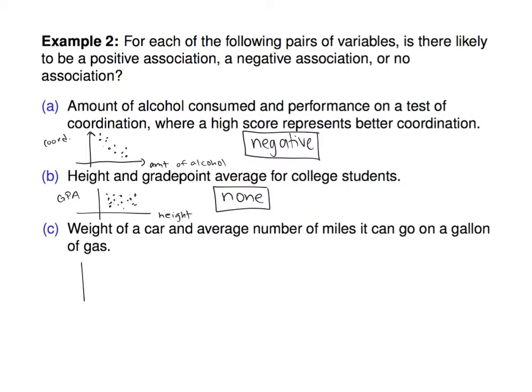And then weight of a car and average number of miles per gallon. So we'll have weight as the explanatory, MPG as the response, and heavy cars tend to get worse gas mileage, so you're going to have some variability, but on average, as the weight increases, the MPG goes down. So this is a negative association.